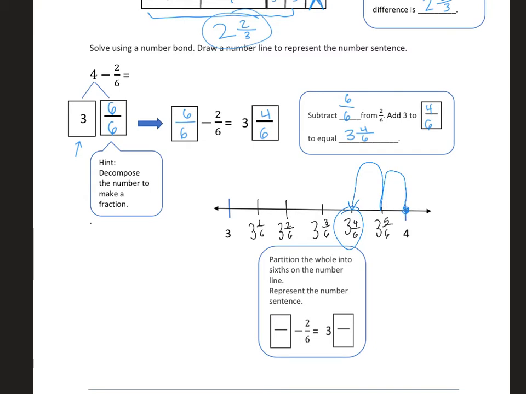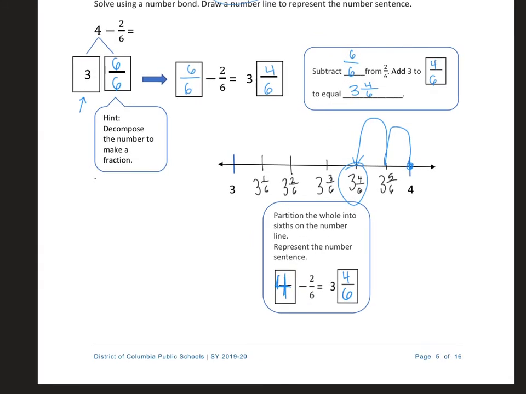Okay? All right. So we represented the number sentence. You can either write 3 6/6 or 4. I'm not sure why they put a fraction there. 4 minus 2/6 is going to give me 3 4/6. Just like that. Okay?